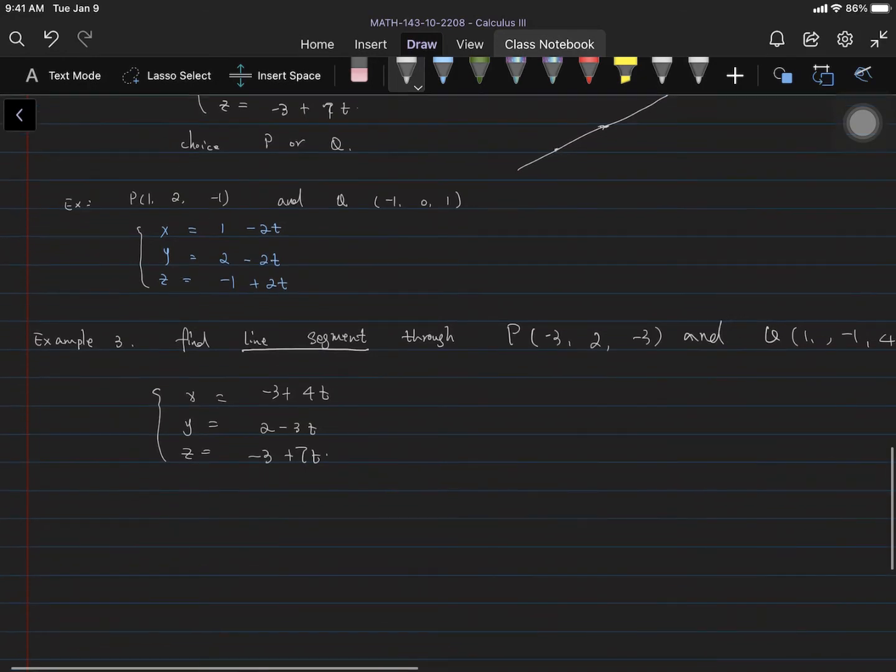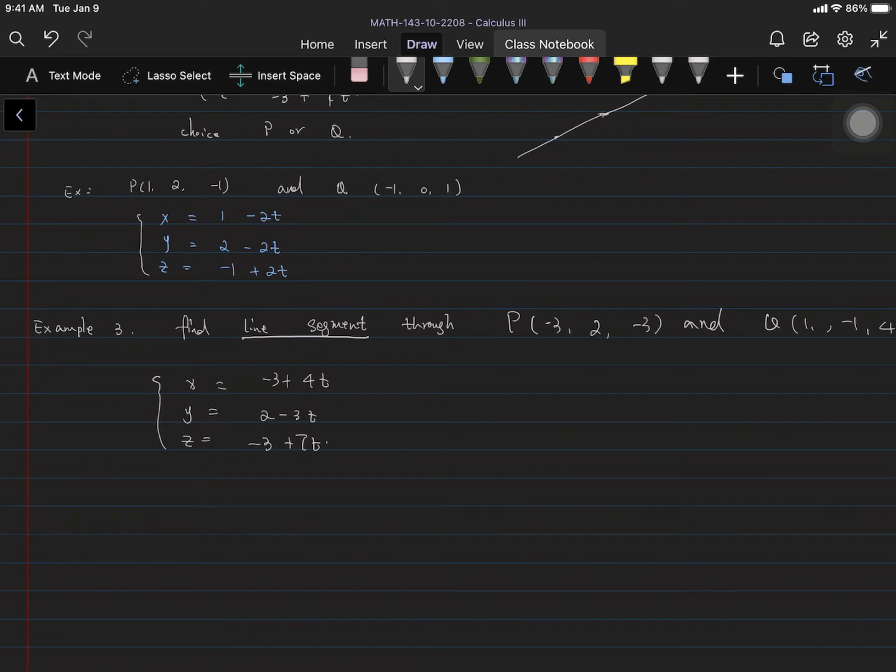Same as the quiz we did before, we need to find the boundaries for t. And how to find that? Let's take a look at how we set up the line. Line segment means all the points on the line have to be inside PQ, right?